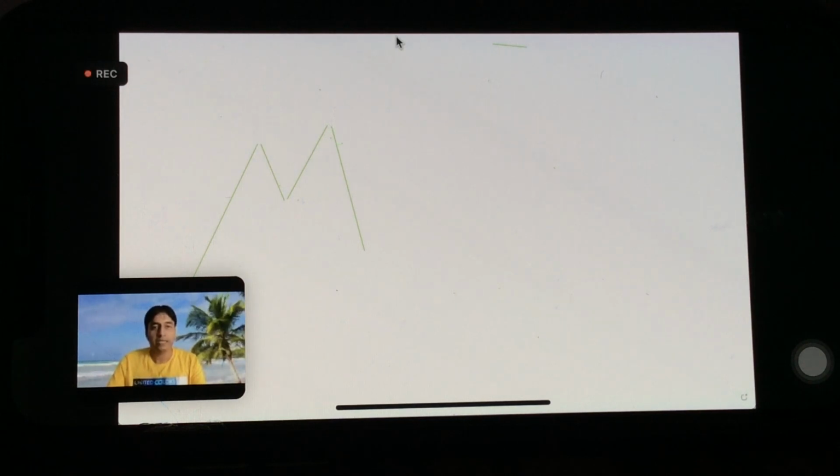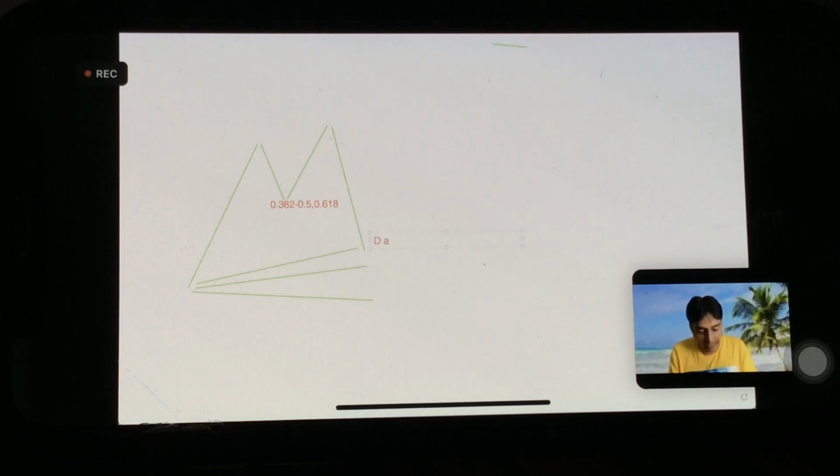So here, this B point can be 0.382, 0.5 and 0.618, any of the three. Then this can be 0.786, 0.886 and 1.13.